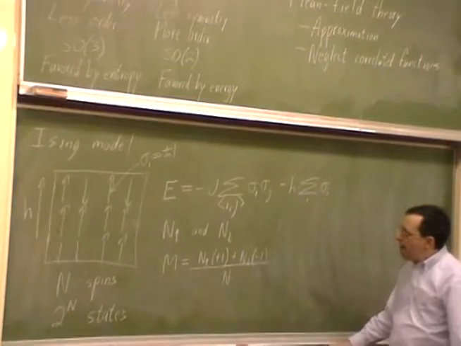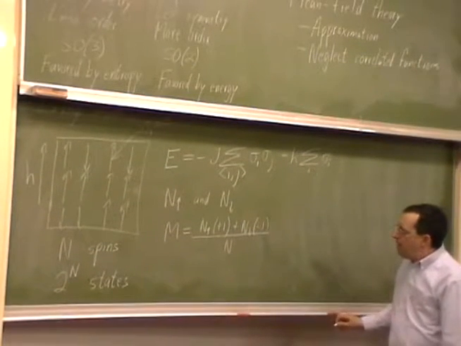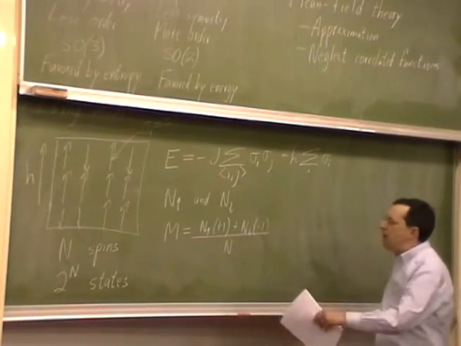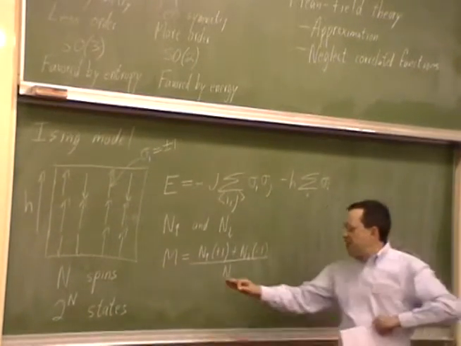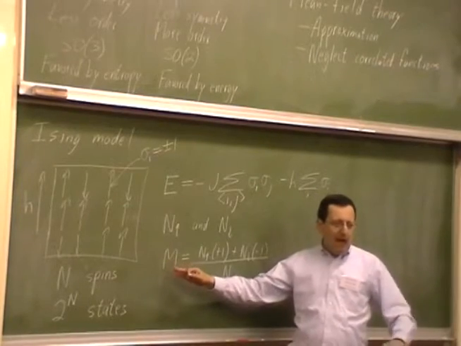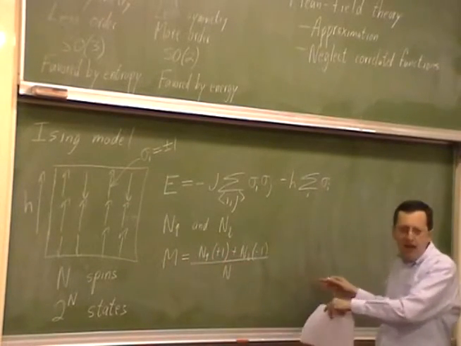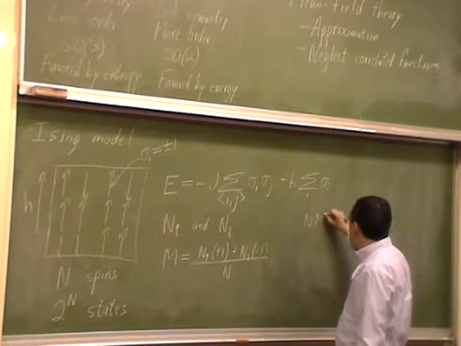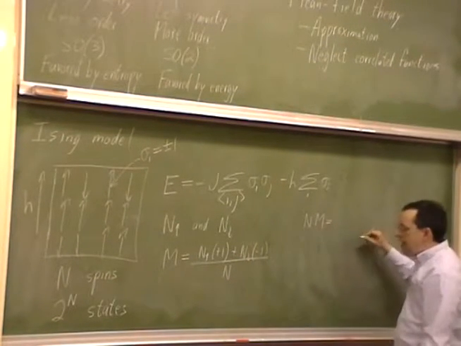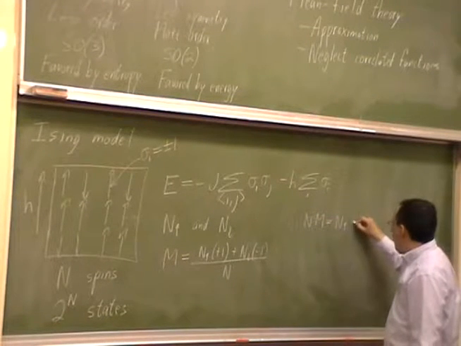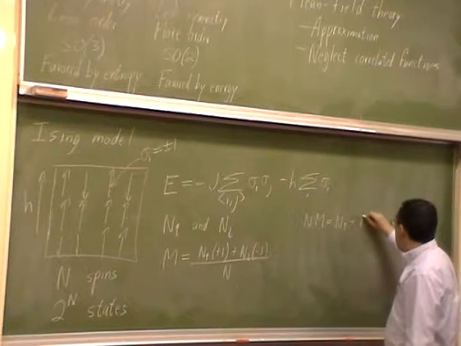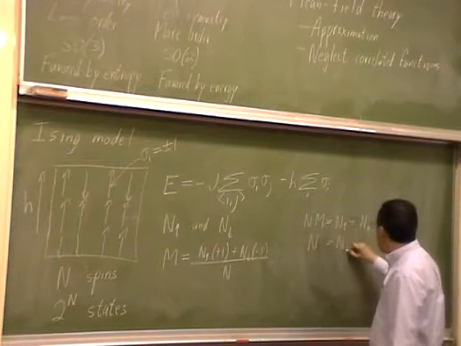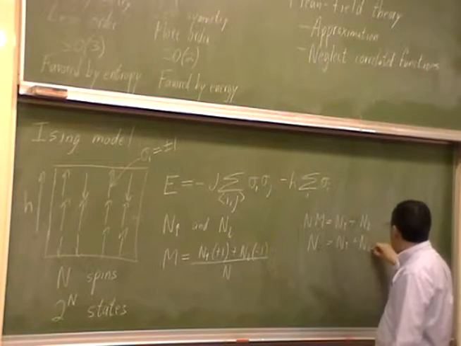Okay, so from this I can easily figure out for any particular value of m how many ups there are and how many downs there are, right? Because this equation is n m equals n up minus n down, and the total n is of course just equal to n up plus n down.